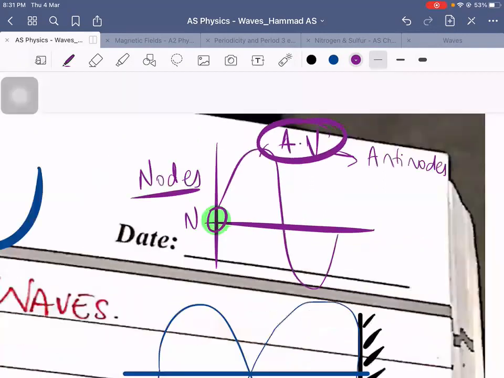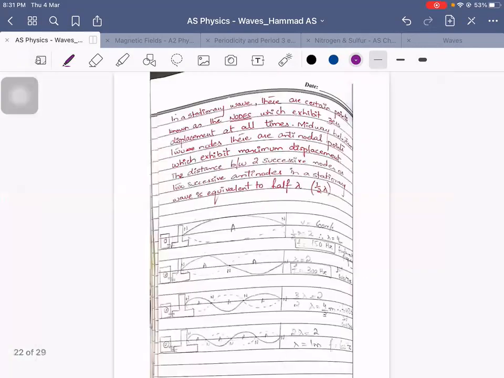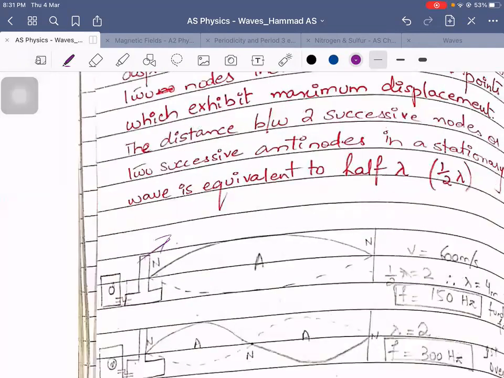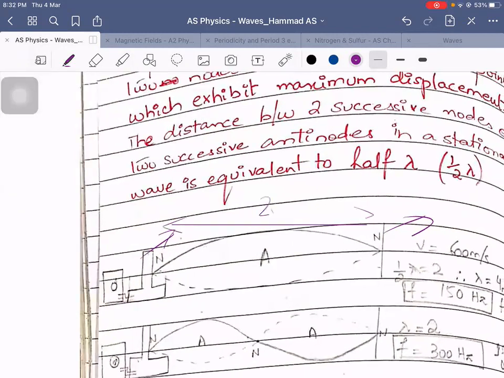Right. So let's say for example, I have a forced oscillator here, and this is a reflective surface. The distance from the forced oscillator to the reflective surface is somewhat 2 meters.